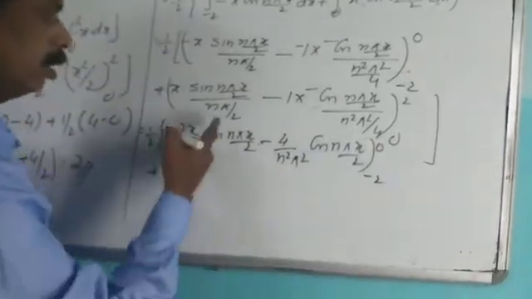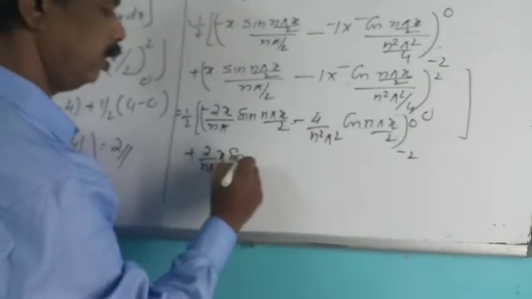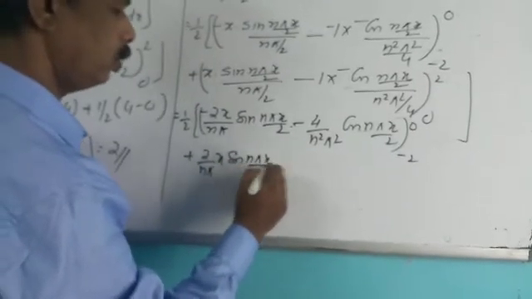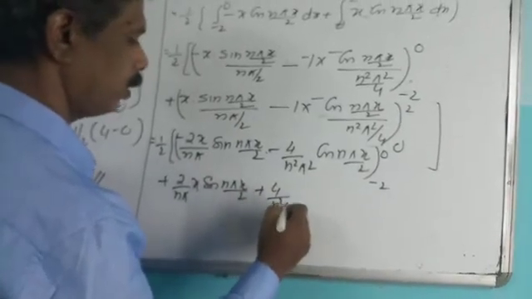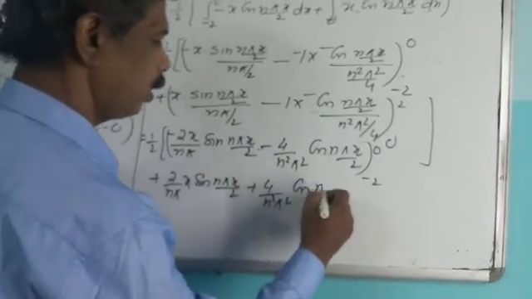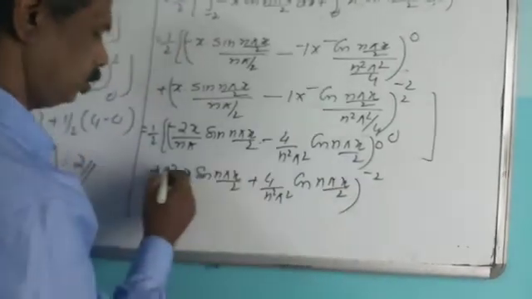And again plus 2x by n pi sin n pi x by 2, minus into minus plus 4 by n square pi square cos n pi x by 2, with limits 0 to 2.